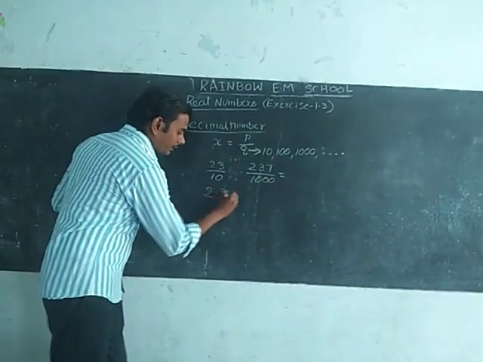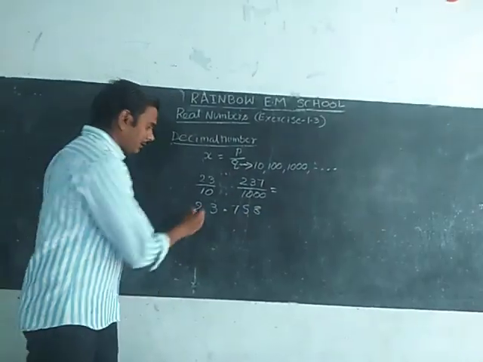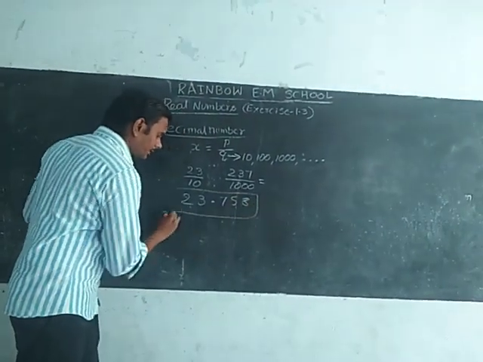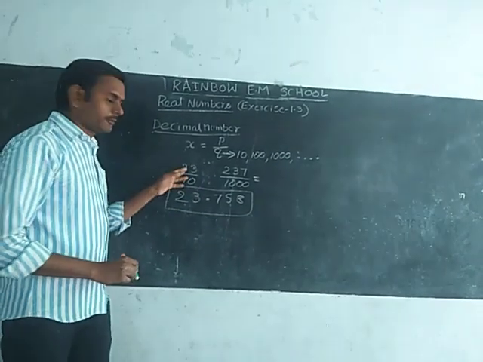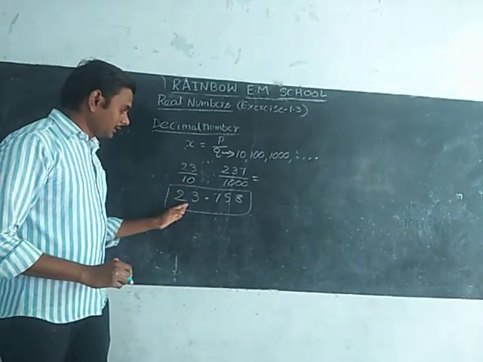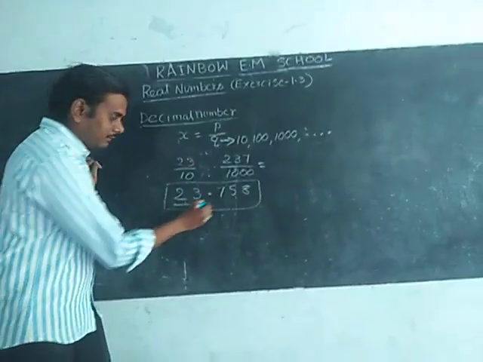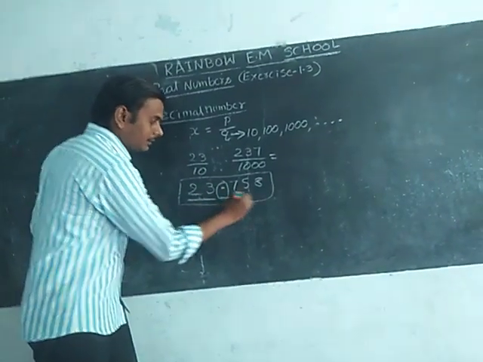We can write 23.758. This is the decimal number form, and this is the fraction form for the decimal number. The decimal number form has three parts: 1, 2, 3.